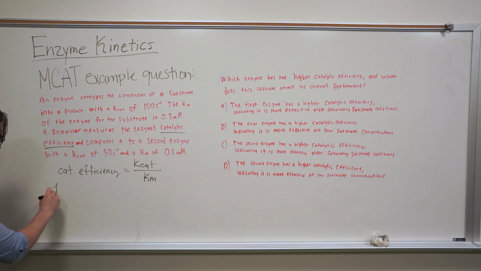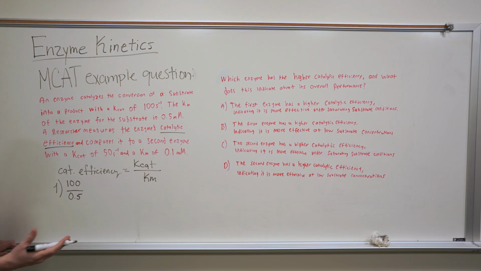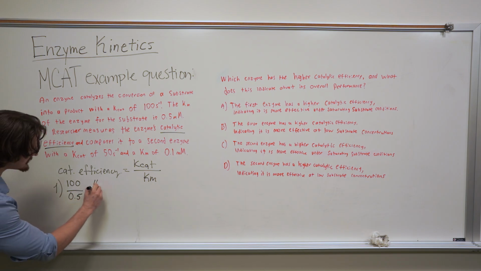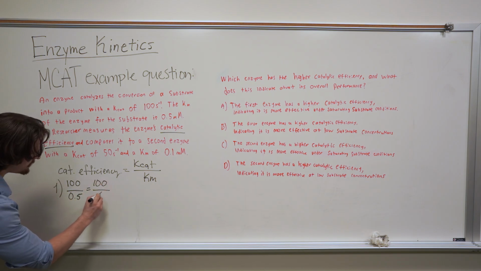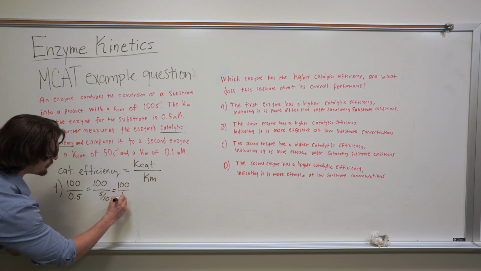So for enzyme number 1, the kcat is 100 and the Km is 0.5. The tricky part about math on the MCAT is that you can't use a calculator, but usually the numbers are things we can manipulate pretty easily, and that's the case here. This is the same thing as 100 divided by 5/10, which is the same as 100 over 1/2.